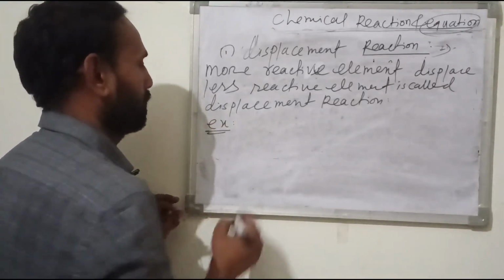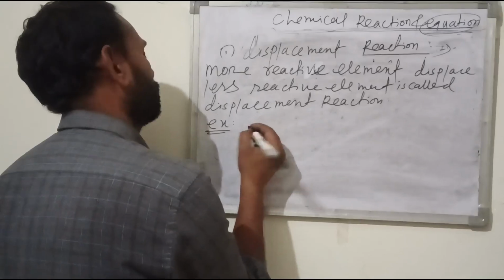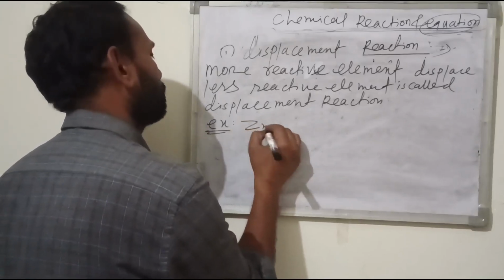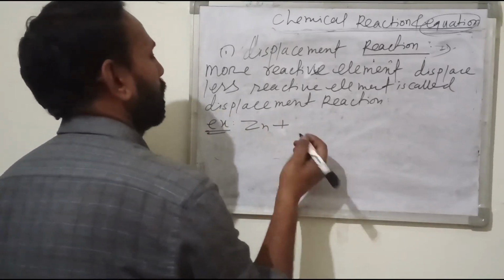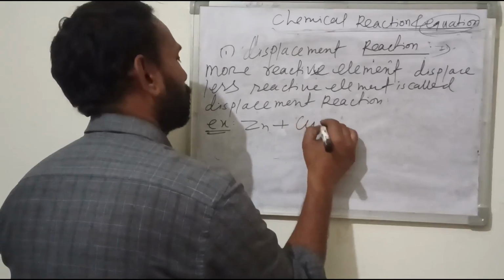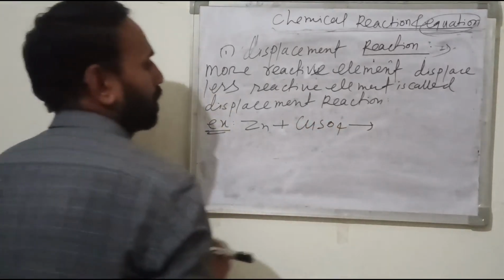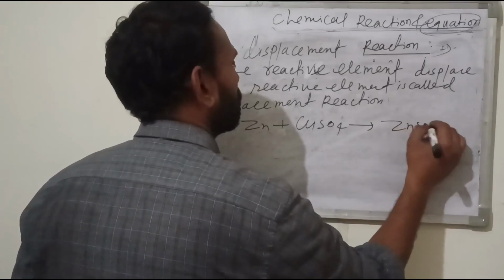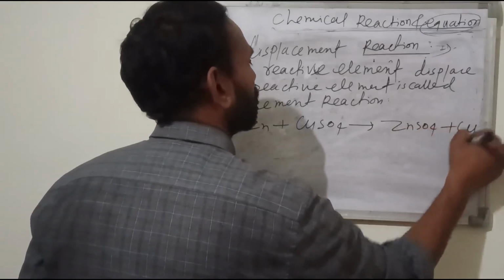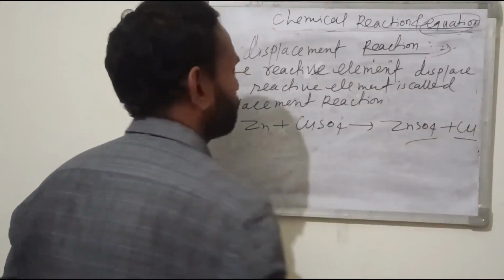Okay, now I am giving the examples of the displacement reactions. You can take Zn and copper sulfate. Okay, reaction will happen: ZnSO4 and copper, zinc sulfate and copper.